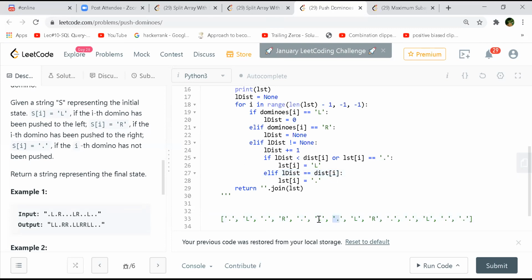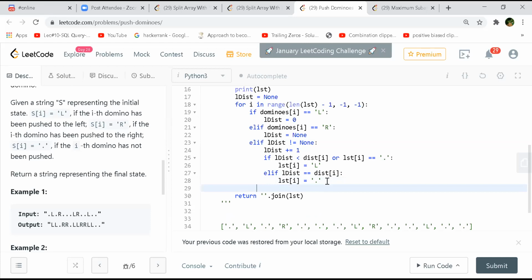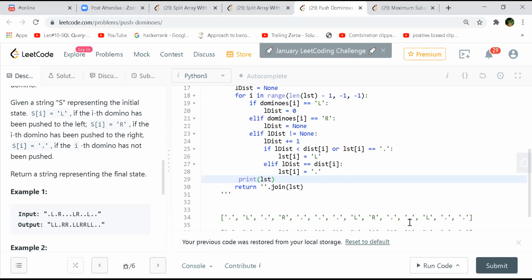Both are at an equal distance from this dot, so this dot will remain at its place. So it is trying to find a force at each and every location. If your R force is greater, then R will come. If your left force is greater, then left will come. If both forces are equal, then it's going to be a dot.